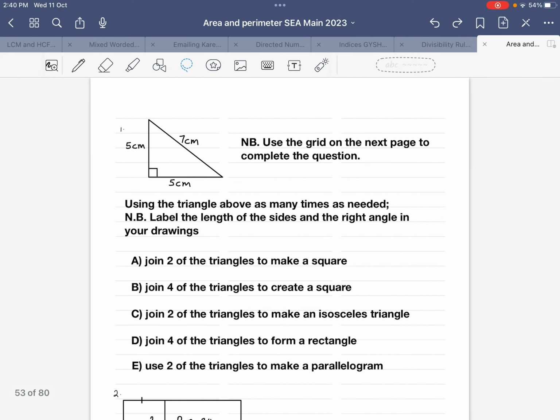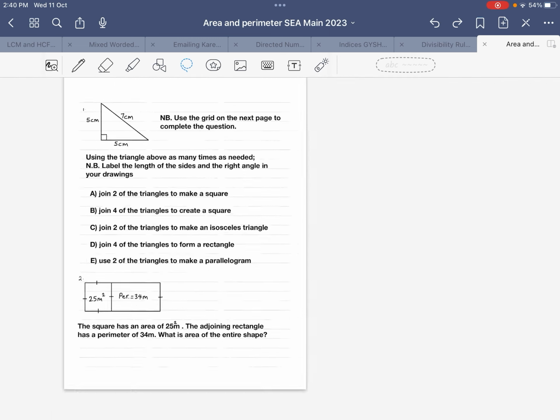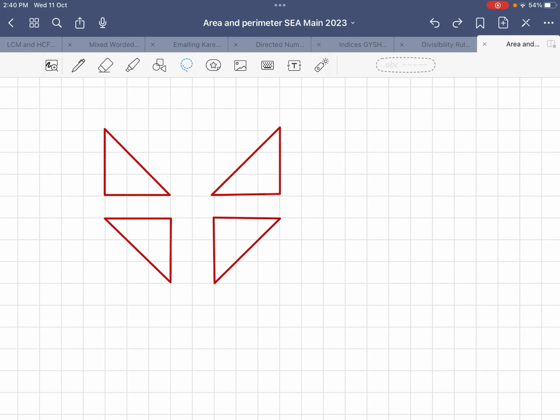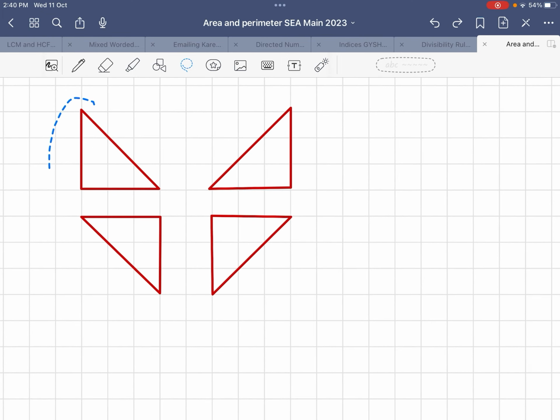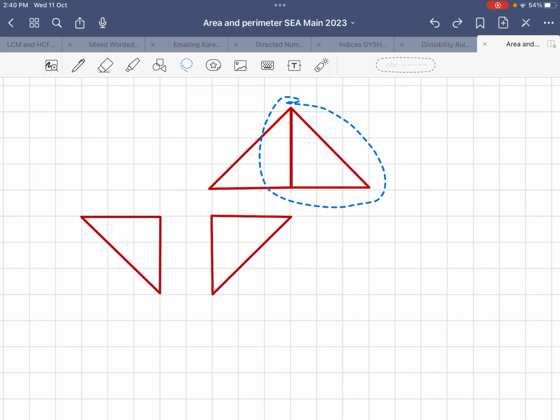Then C, join 2 of the triangles to make an isosceles triangle. So we can do that by simply moving this triangle here. This side is equal to this side, and this side is longer, so it's an isosceles triangle.